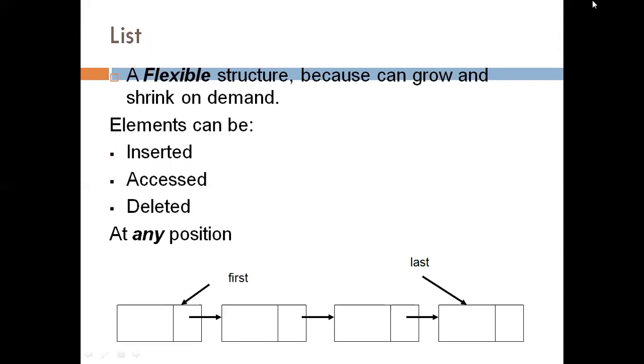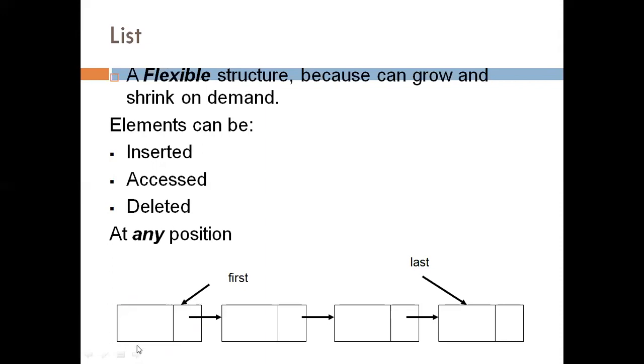So the second one, linked list. A linked list is also a linear data structure, a flexible structure. It can grow and it can shrink. If we are adding an element in a linked list, we use the term node instead of element basically. So this is the node.